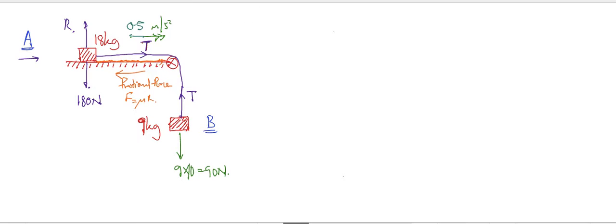What's happening at A? At A you can resolve horizontally. That will be T, the tension, minus a frictional force that's acting opposite because the surface is rough. Frictional force is a force that opposes the motion.